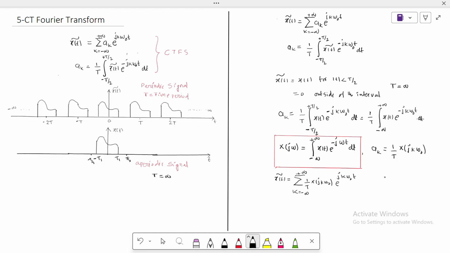We know that omega naught equal to 2 pi by T, so 1 by T equal to omega naught by 2 pi.